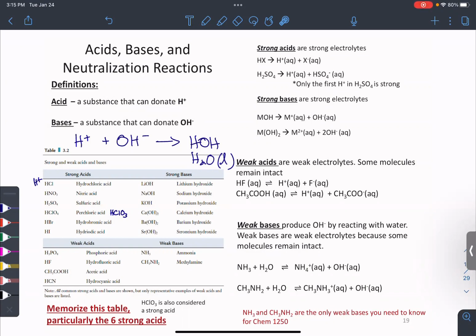What kind of acid is HCl? Strong. So what kind of electrolyte is HCl? Strong. Acetic acid is what kind of acid? Weak. So it is what type of electrolyte? Weak. So how will the light go in terms of ions? HCl, acetic acid. Think about it in your head, and then I will do it.